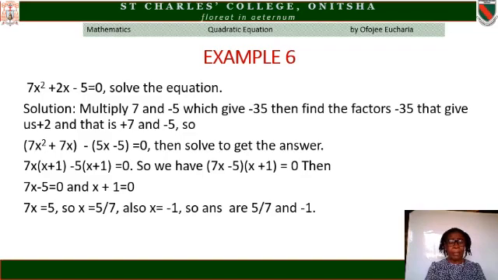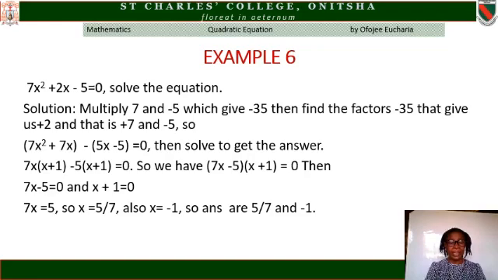We then remember the group method of our previous lesson. Then we group the first bracket as 7x squared plus 7x, and in the second bracket, we have minus 5x minus 5, equals 0 to make it an equation. We then find the factors of the brackets.